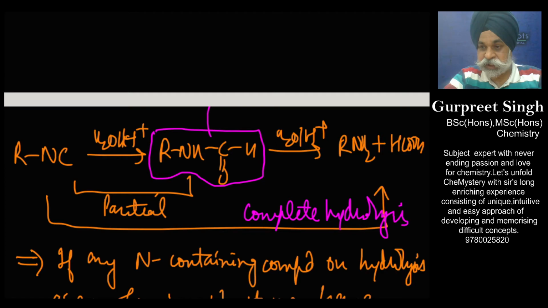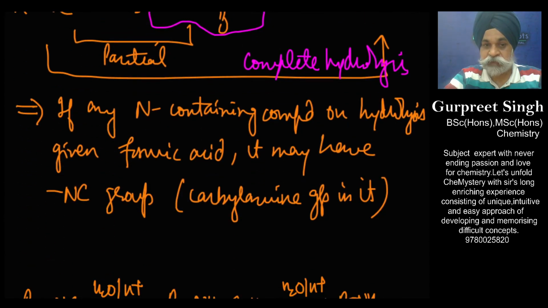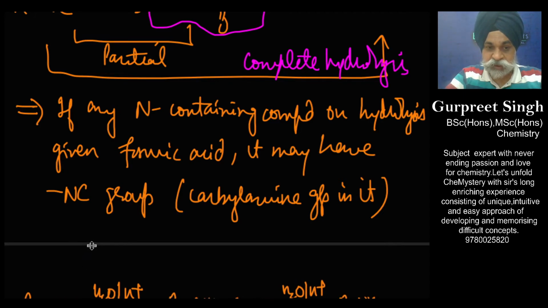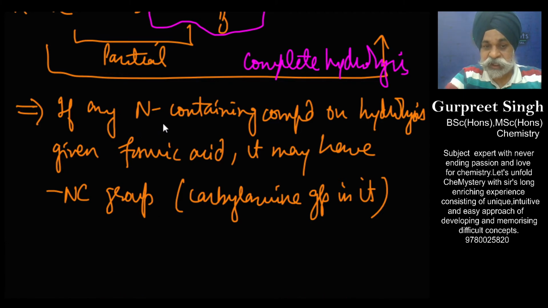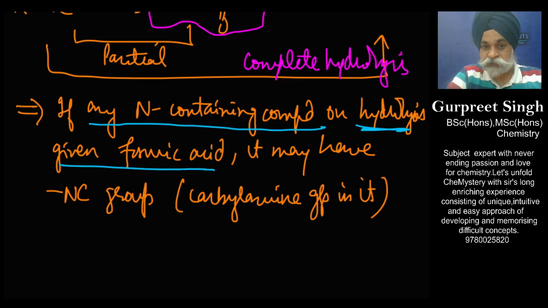Now this again is a short type of equation which may be asked, or which can be placed in your upcoming exams: any nitrogen containing compound which on hydrolysis, better I would say acidic hydrolysis, gives a molecule of formic acid may have an NC group in it.